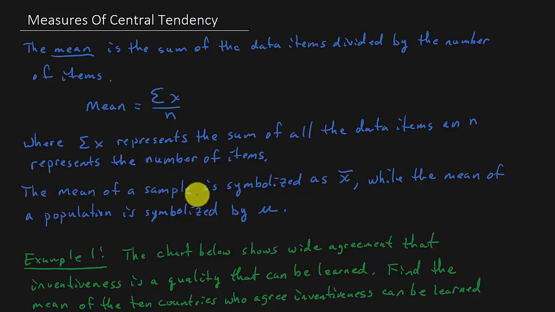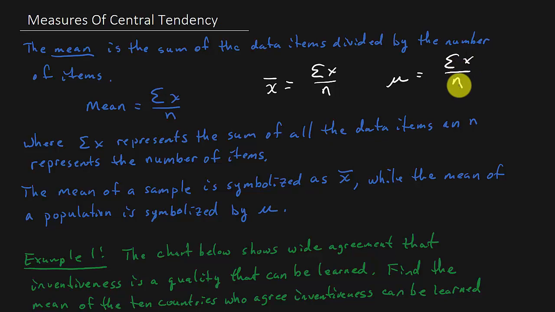The mean of a sample is symbolized as x bar, so x bar equals the sum of x over n, while the mean of a population is symbolized by mu, same thing, the sum of x over n.